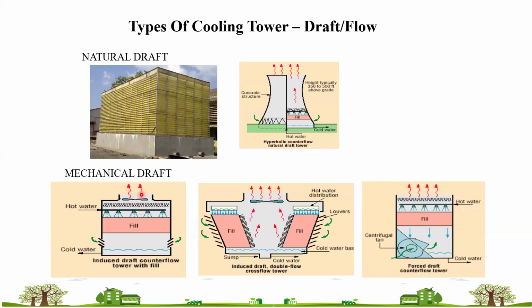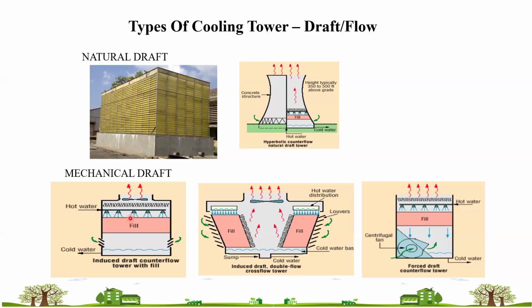Induced draft means the fan draws the air. Counterflow means the fills are located below the spraying of water, and air comes inside the cooling tower at the bottom near the basin.